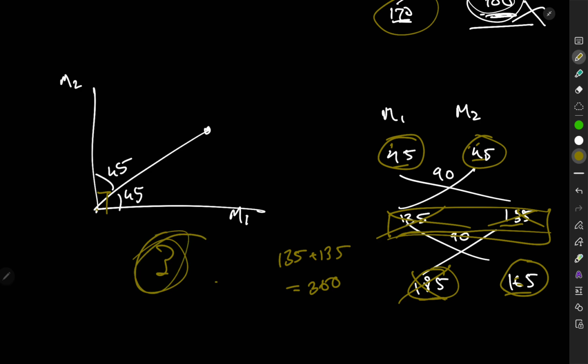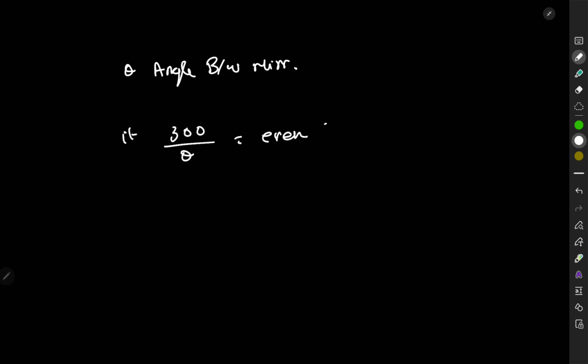Okay. Note, if theta is the angle between the mirrors, if 360 by theta is even and we count it as n, then if the object is placed symmetric, the number of images formed is n minus 1.